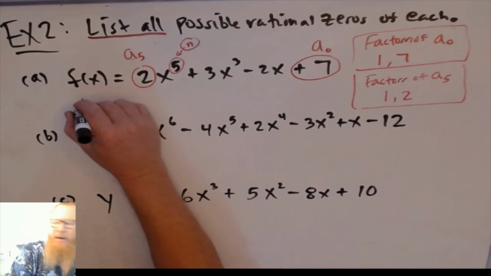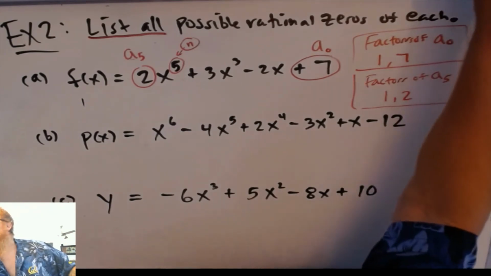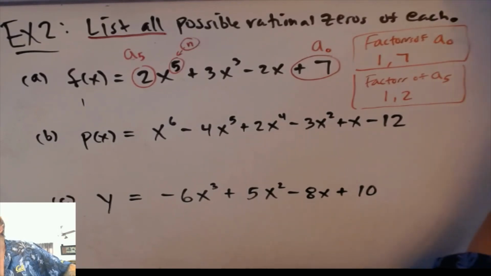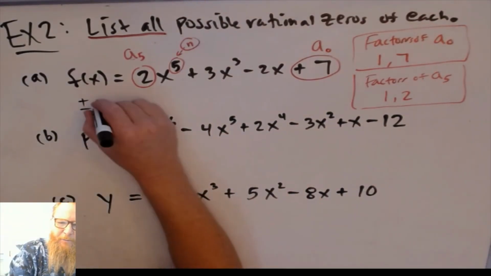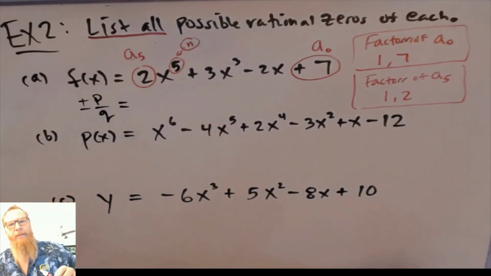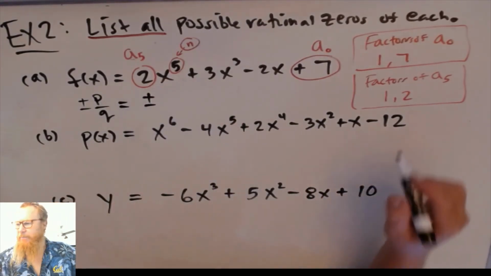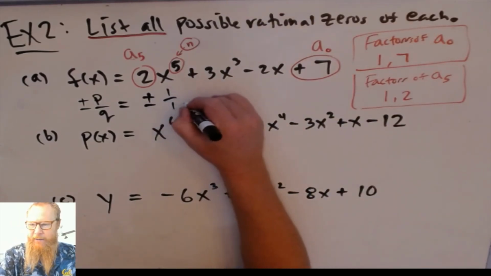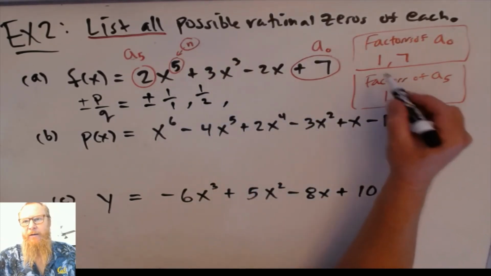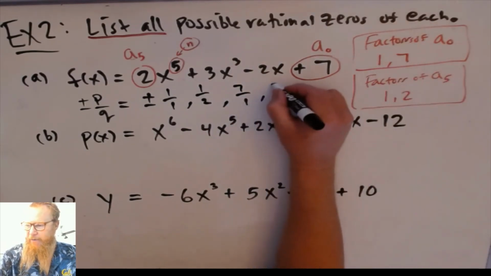So that means my possible rational zeros are plus or minus p over q. So plus or minus 1 over 1, 1 over 2, 7 over 1, and 7 over 2.